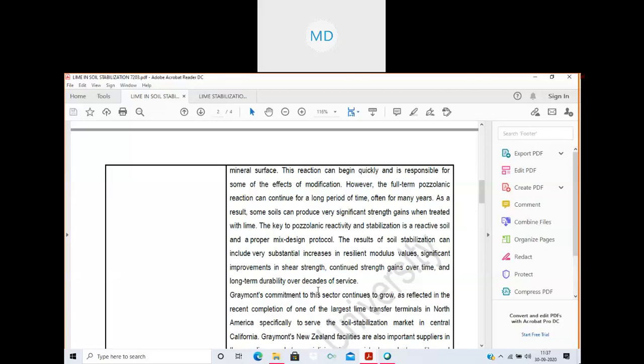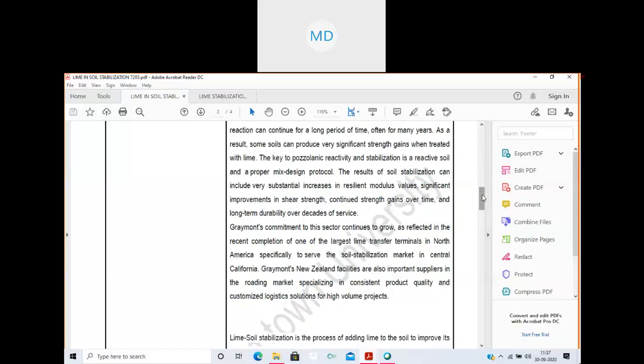But the time period is very long, maybe many years. So this is one of the main advantages of this process. See these things, whatever is written, you'll understand, and there is nothing much to explain here.